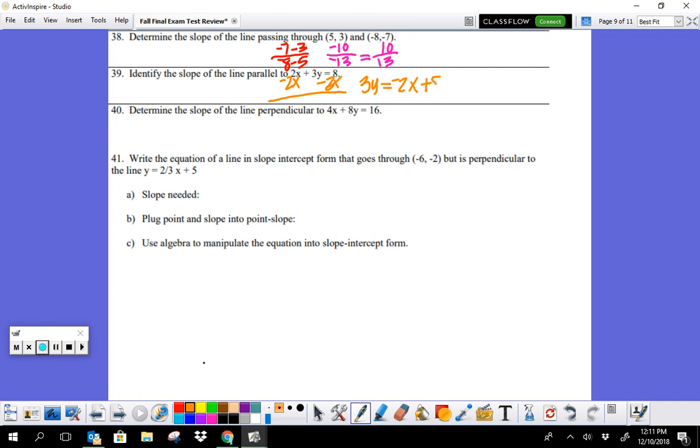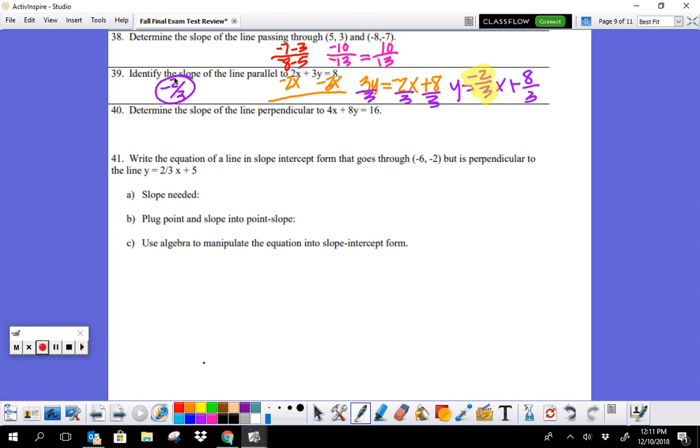So negative 2x plus 8 when I move that over, and then I'm going to divide by 3. So I have y equals negative 2 over 3x plus 8 over 3. And so my slope right here would be negative 2 over 3. And so the slope of the line parallel to that would also be negative 2 over 3.